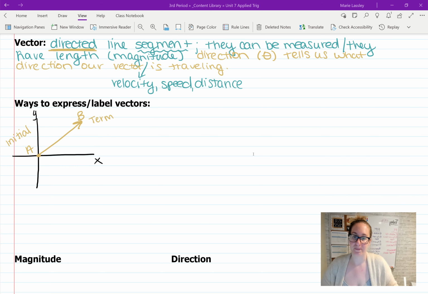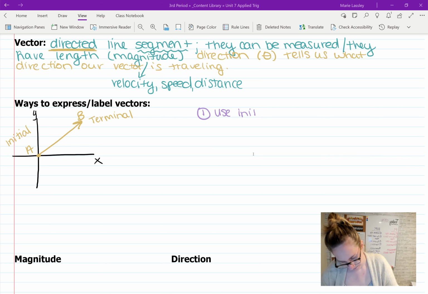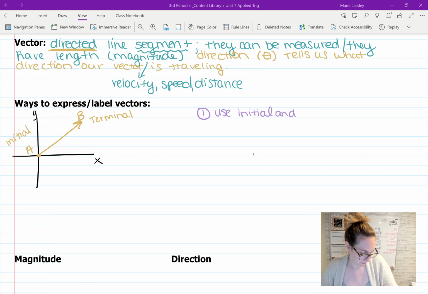So technique number one for naming is to use the initial and terminal uppercase letters.